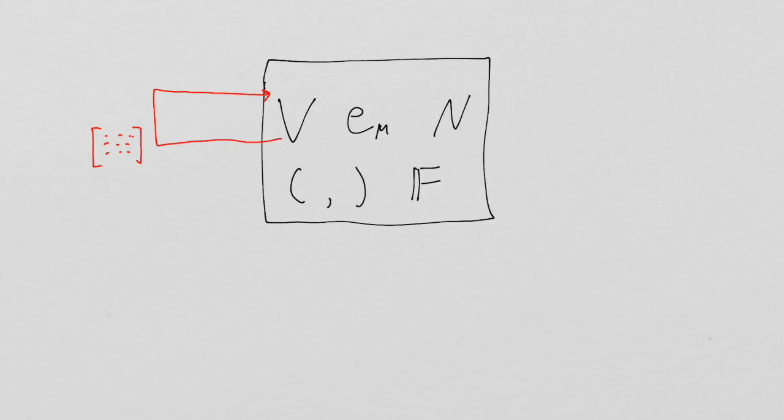And we also know that we can have a basis transformation from E mu to, say, E hat, from the unhatted to the hatted basis. And those can also be represented by a square matrix.